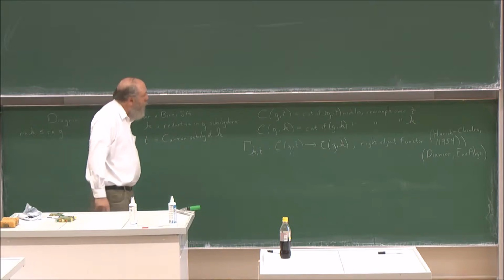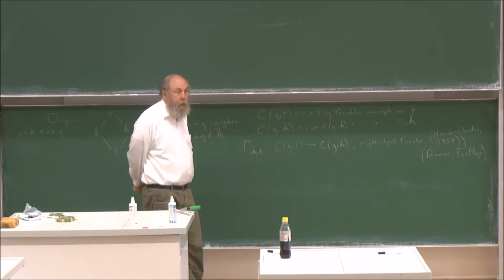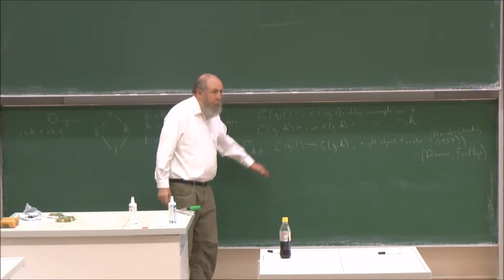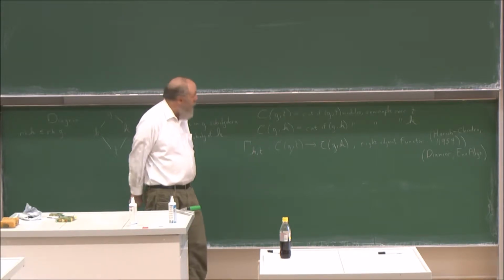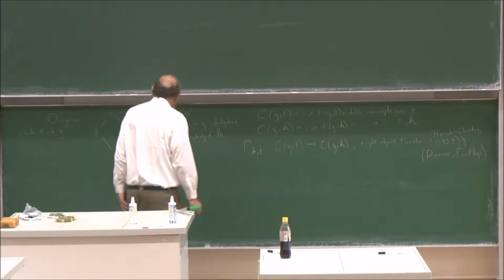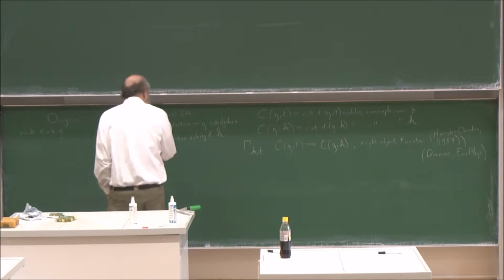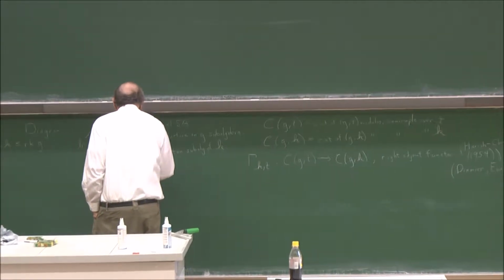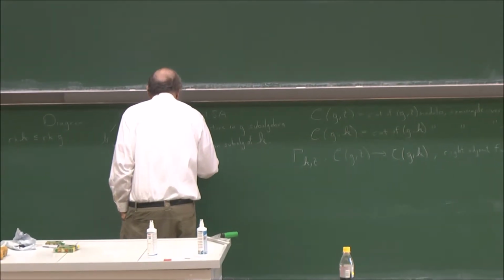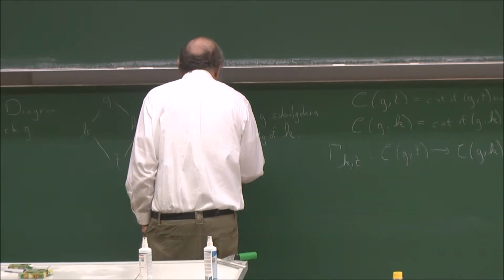But because I'm working with a sufficiently large category, I know that there are sufficiently many injective objects in the domain category CGT, so it has resolutions by injective objects.